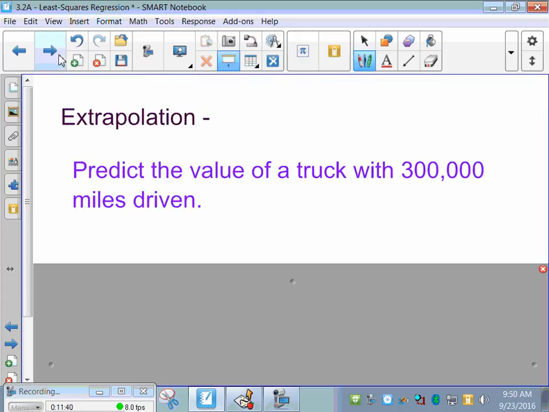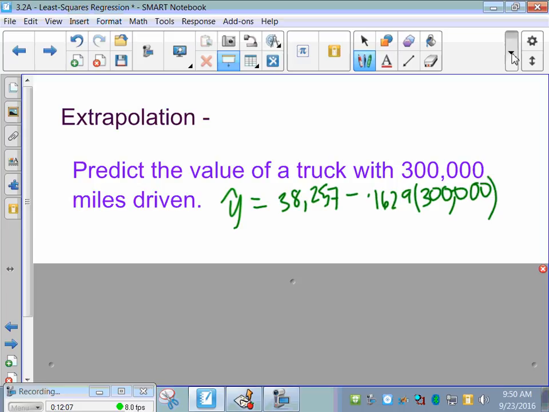All right, we have this word called extrapolation. So what if we wanted to predict the value of a truck with 300,000 miles driven? What happens when we plug it into our formula, you guys? 38,257 minus 0.1629 times 300,000 miles. Anyone got it?